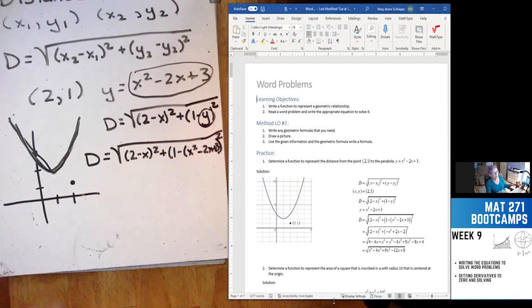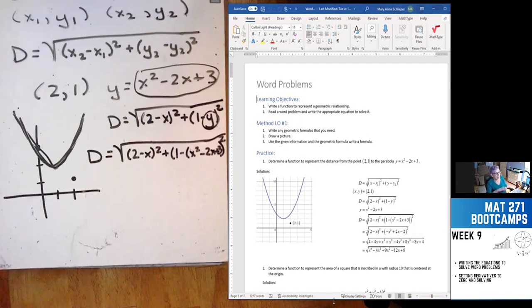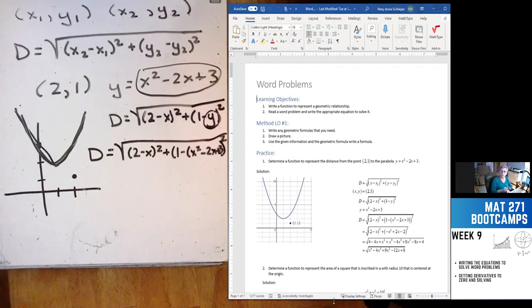If all you were asked for was a function, then you could be done. That is a perfectly good function. I did some simplifying on it, which is just algebra. Questions about that one?